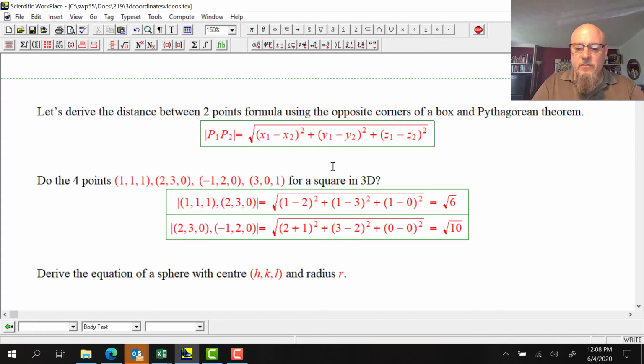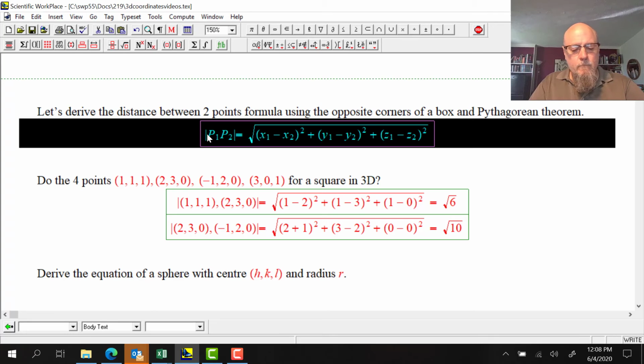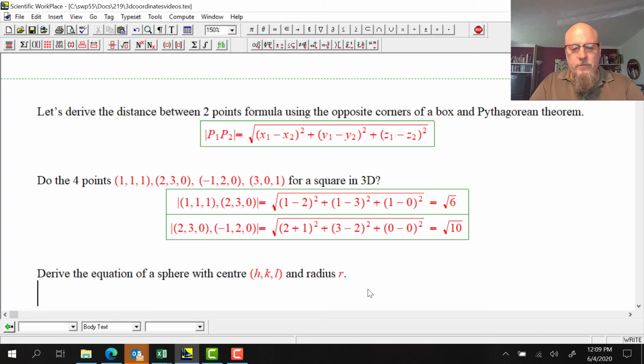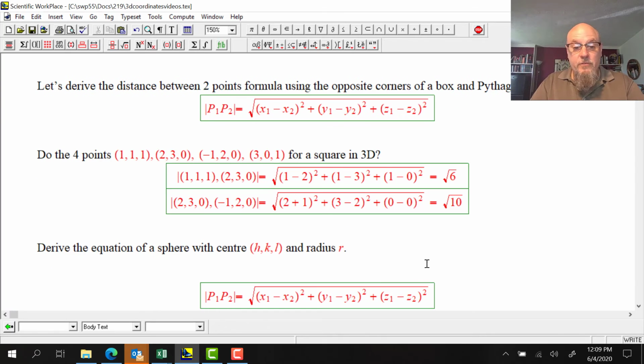Lastly, let's take this distance formula, and I want to derive the equation of a sphere with center h, k, l, and radius r. So what's the deal with a sphere? Well, a sphere is all the points that are equidistant from the center.